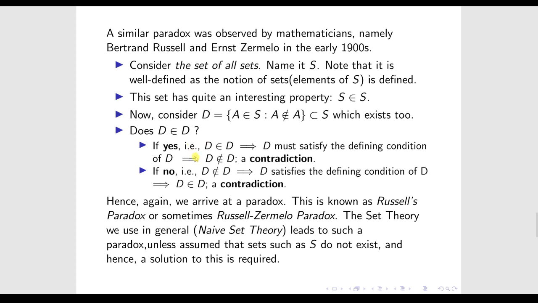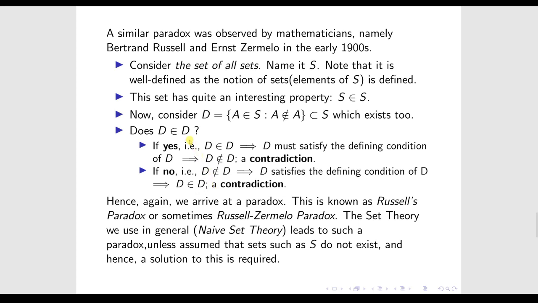If yes, that is, D belongs to D, D must satisfy the defining condition, which implies D does not belong to D. We get a contradiction. So let us consider if this question's answer had been no, that is, D does not belong to D. This implies D satisfies the defining condition of D, which also implies D belongs to D. Hence, we arrive at a contradiction again.